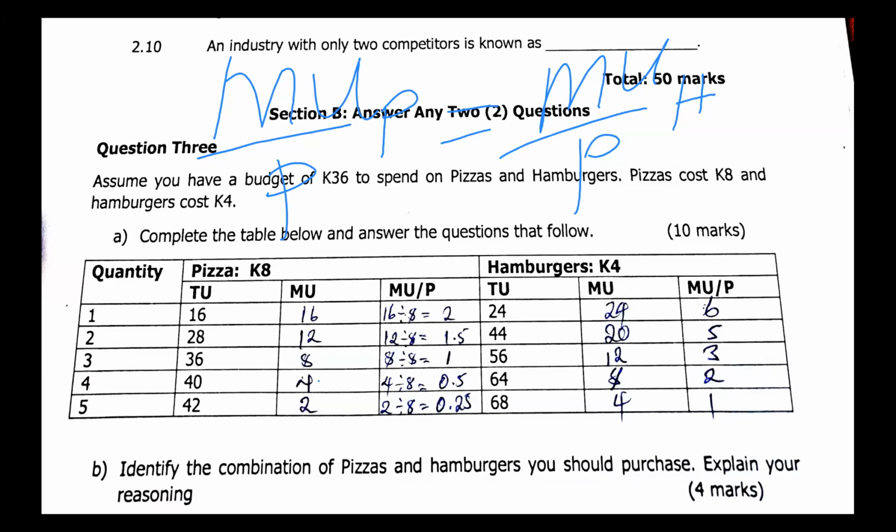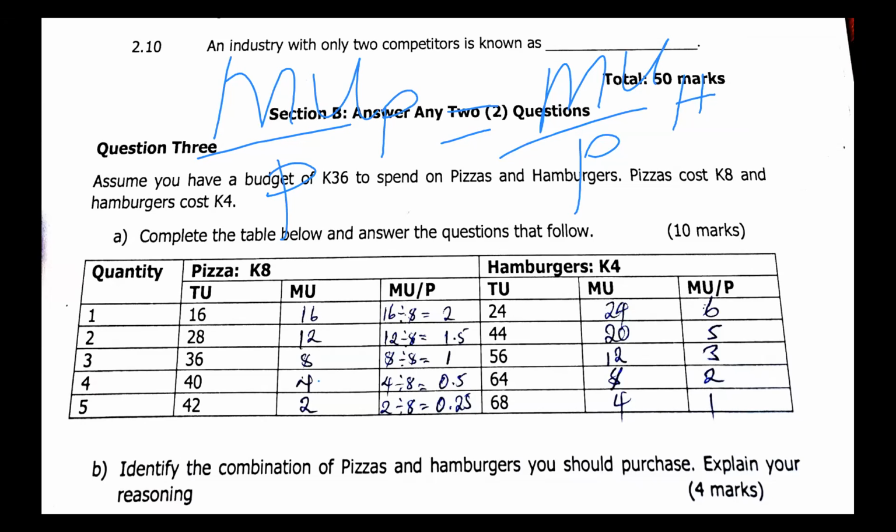Is that okay? This is the point at which your level of satisfaction will be maximized. Okay, this level gives you the combination that will maximize the level of satisfaction that you have. Is that okay?